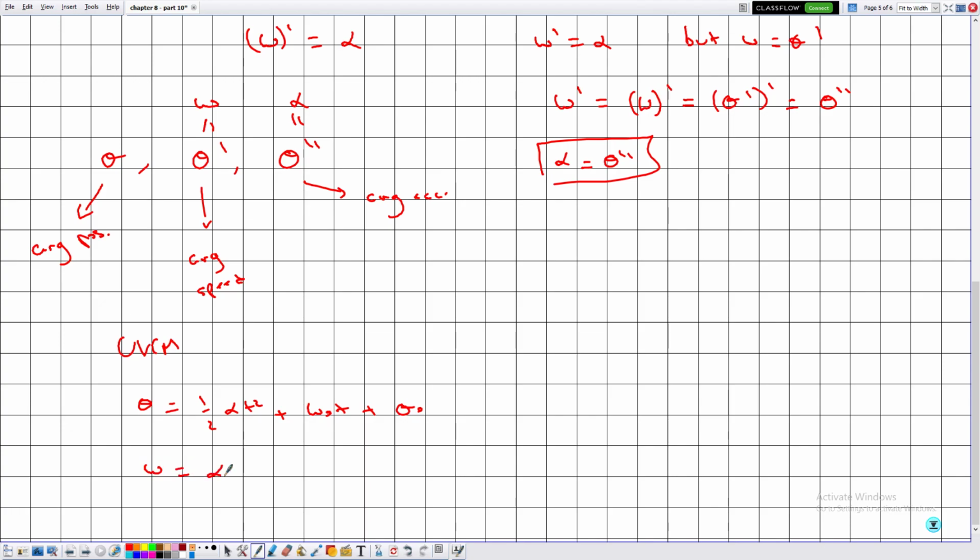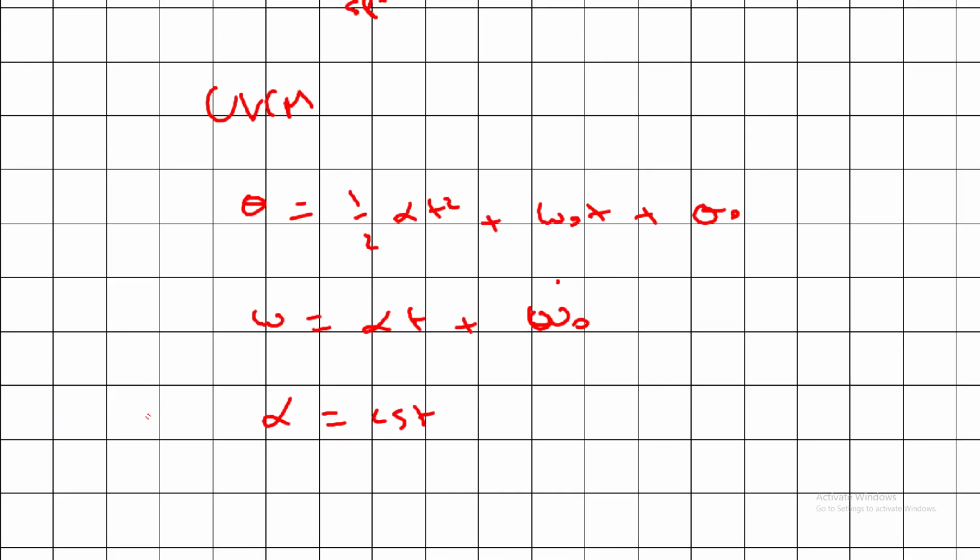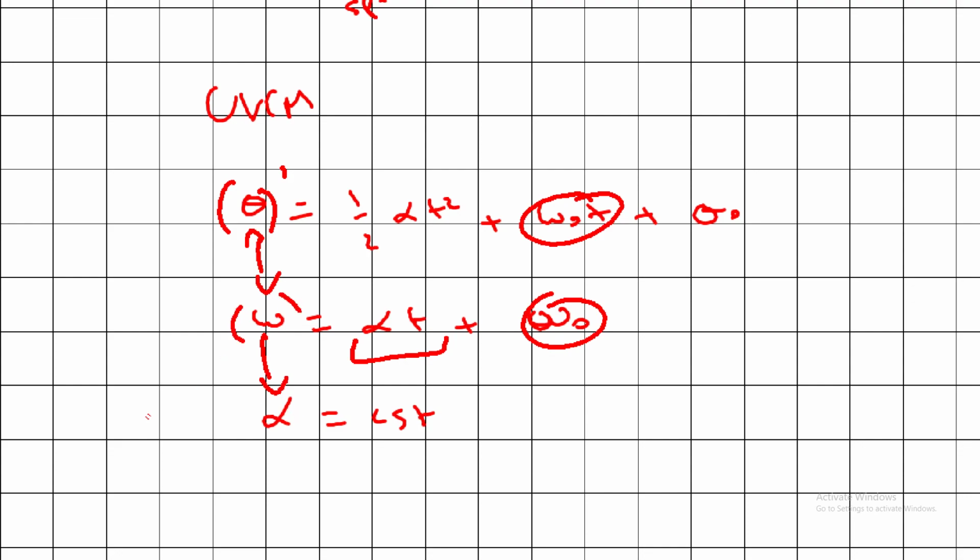Omega is equal to alpha t plus omega 0, and alpha is a constant. If you apply the derivative on both sides, theta prime gives you omega. The derivative of this is alpha t, and the derivative of the linear term is a constant. If you derive once more, omega prime gives you alpha, the derivative of the linear term is a constant, and this is 0.